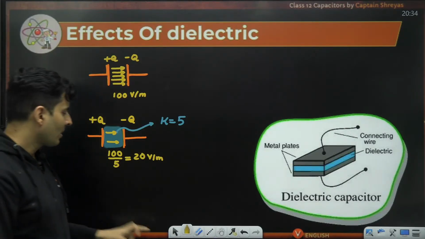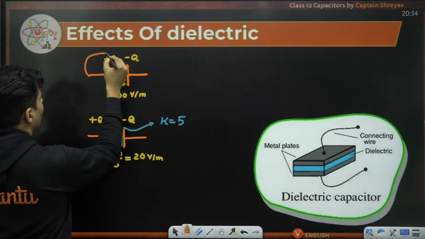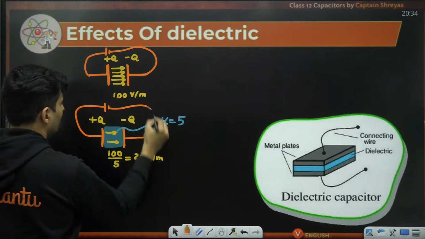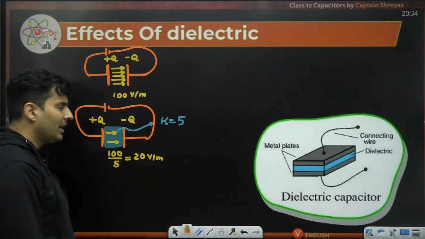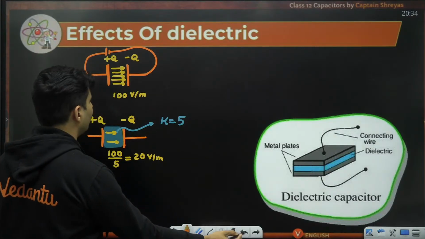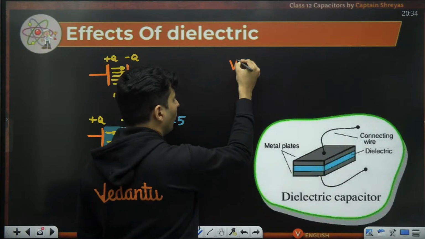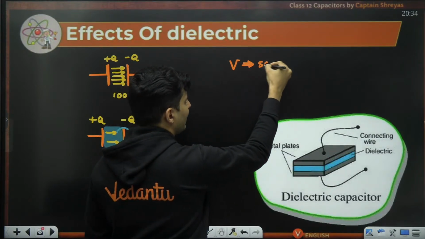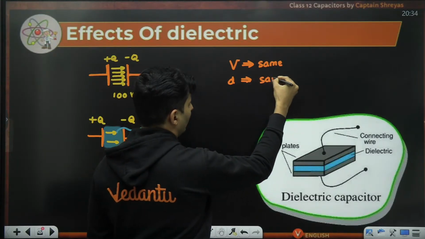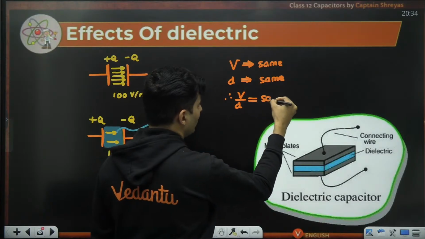Think about it. This entire setup, technically, I have connected it to a battery. If it is connected to a battery, the voltage is the same. The distance between the plates of the capacitor is also the same. Therefore, voltage per unit distance is also going to be the same.